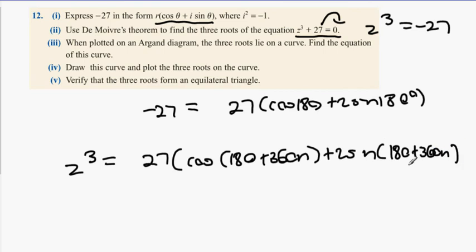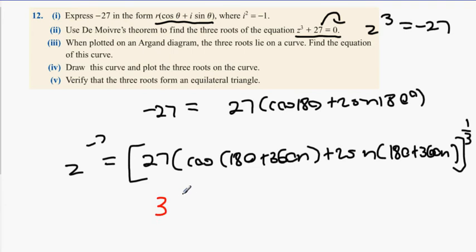Next, we bring over the 3, and when we bring it over to the other side, it puts the full thing to the power of a third. 27 to the power of a third is 3 when you put it in the calculator.